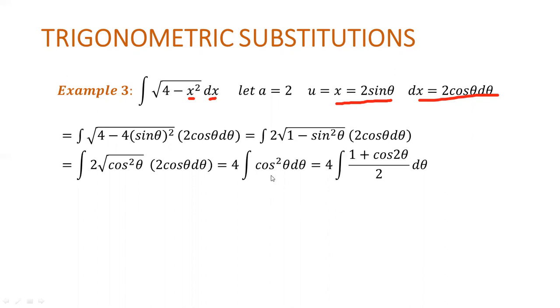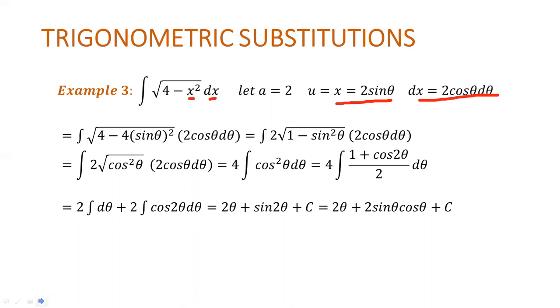So that's what is being done here. You converted the cosine squared of theta to 1 plus cosine 2 theta over 2. It's the double angle equivalent. With this, you can distribute the 2 in 1 and in cosine 2 theta, and then process the integral.